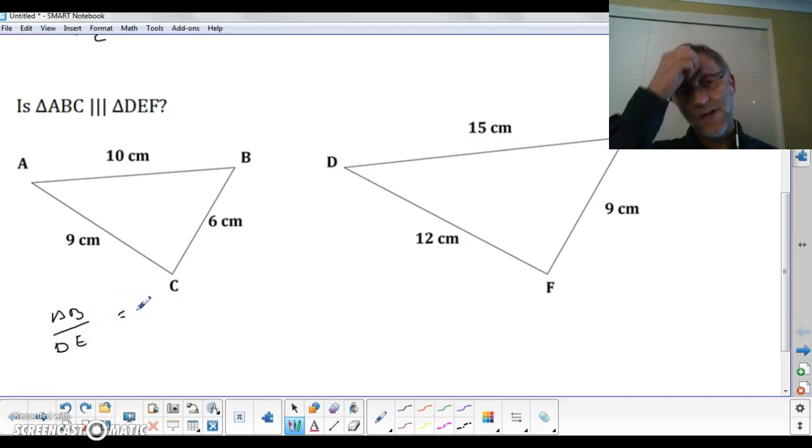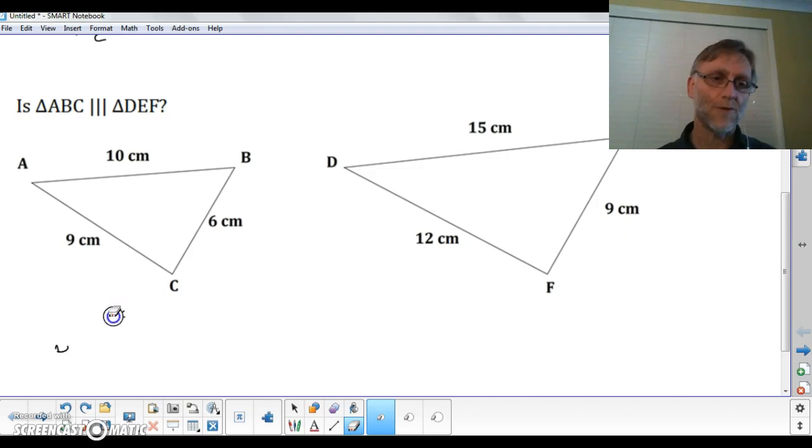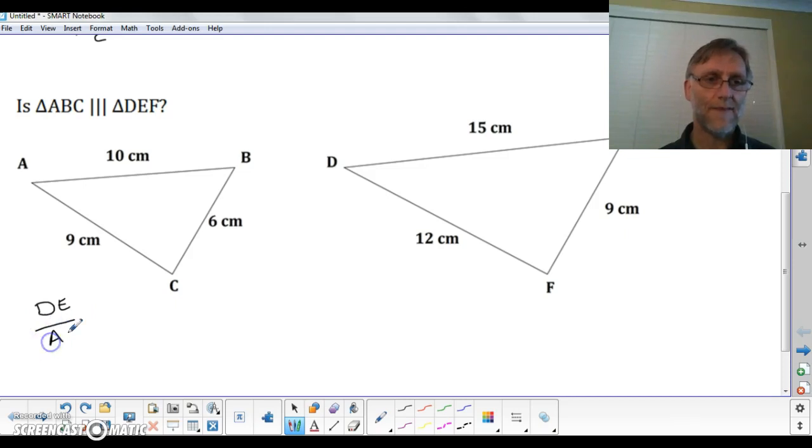Okay, so AB to D, hang on, upside down. It's image over original. So I better put that up the right way around. DE over AB is equal to 15 over 10, which is equal to 3 over 2. You could use 1.5 there.